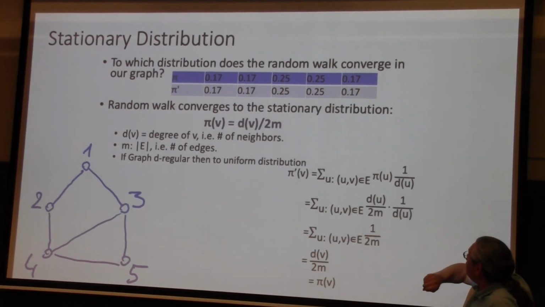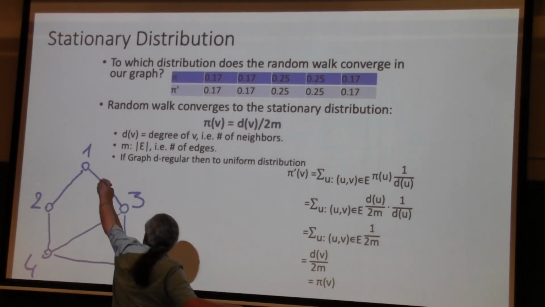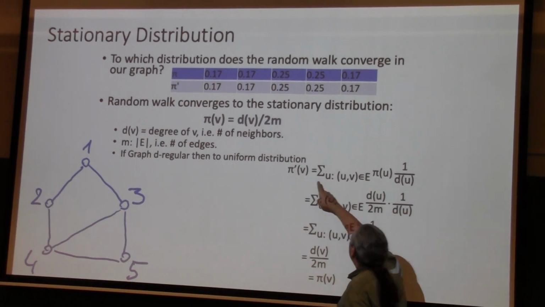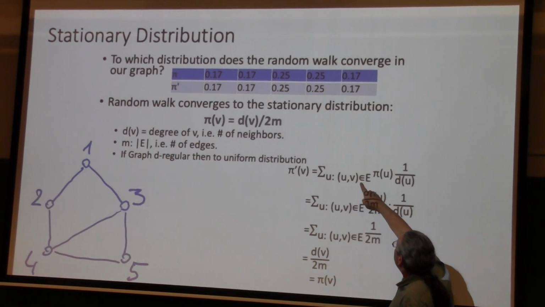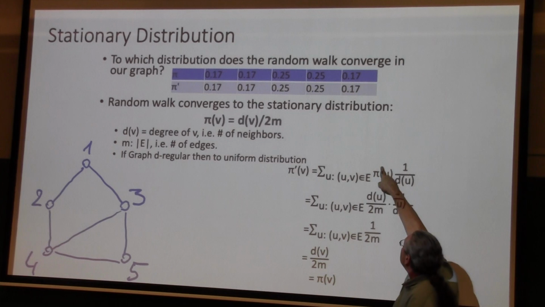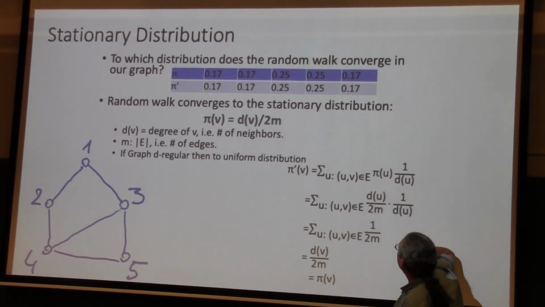How do you do that? Well, the new value is all the ingoing links. For node V, we take all the links going from U to V, and for each one of those, we have the probability on U divided by the degree, 1 over D.